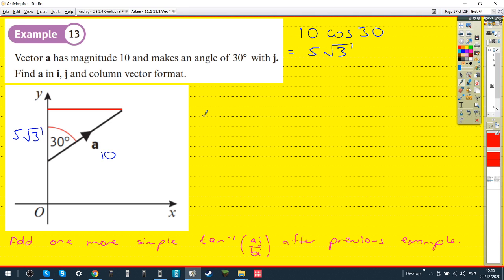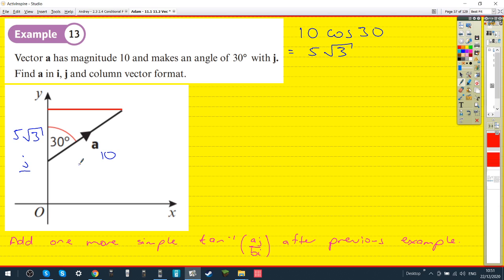And is that i? That's in the y direction, so that'll be j. J. Okay. And then could you use Pythagoras to work out the last length? You could. Let's use sine.